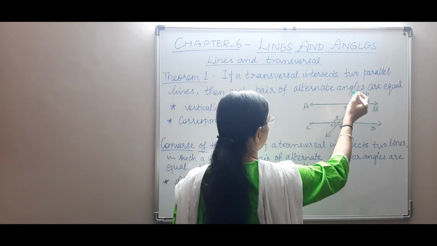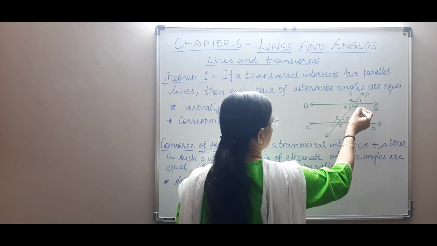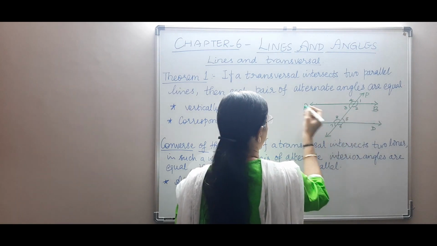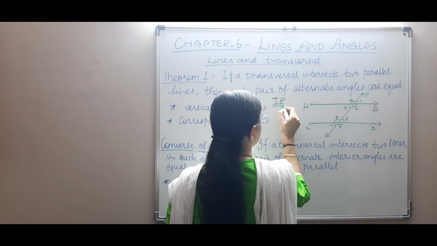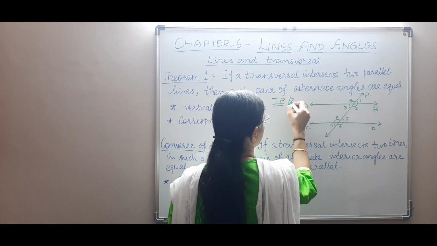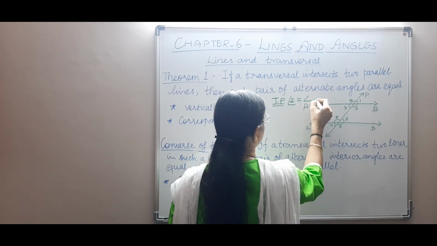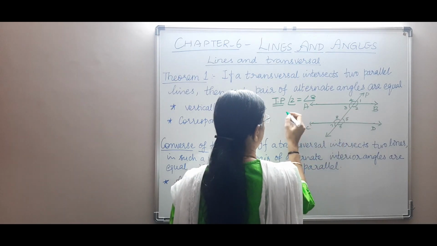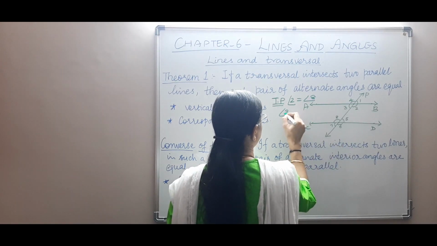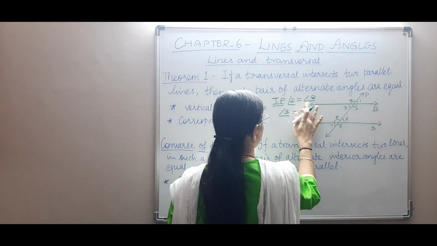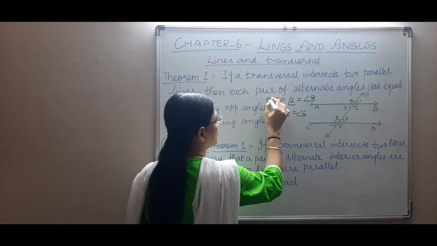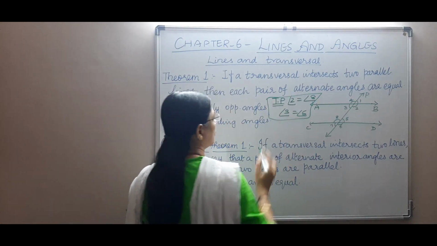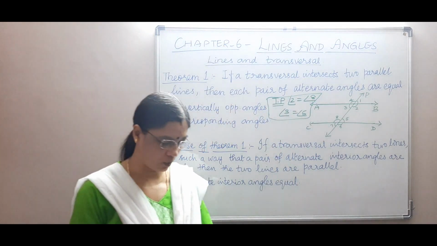So what are the alternate interior angles? 2 and 8, 3 and 5. So we need to prove angle 2 is equal to angle 8, and angle 3 is equal to angle 5. So this is what we need to prove. Okay, so we need to prove that the alternate interior angles are equal.